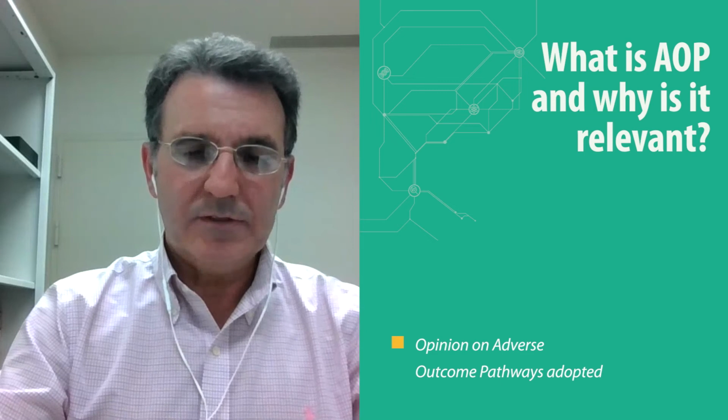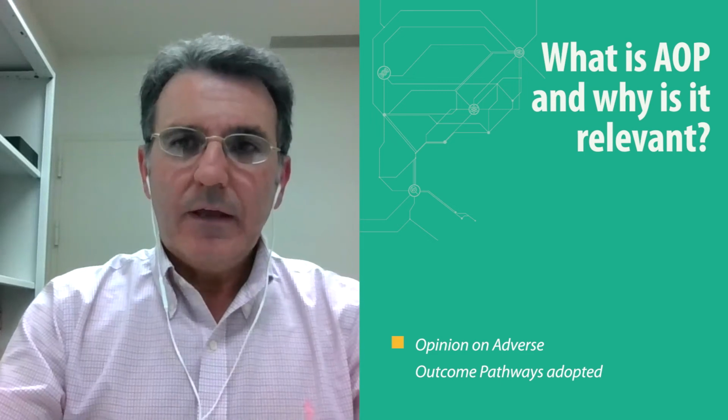Well, the AOP is the adverse outcome pathway. This is a relatively novel approach to organize all the available evidence and to identify potential data gaps, that might be very useful for risk assessment.